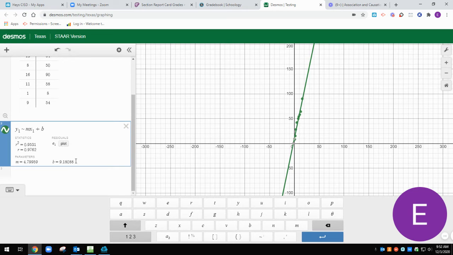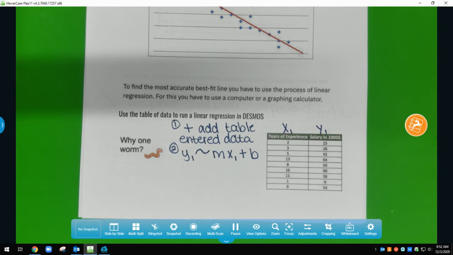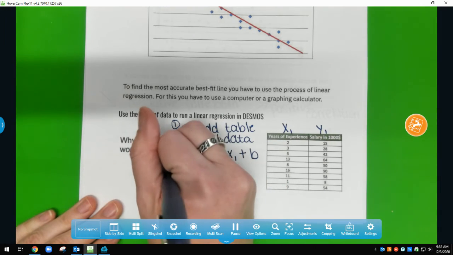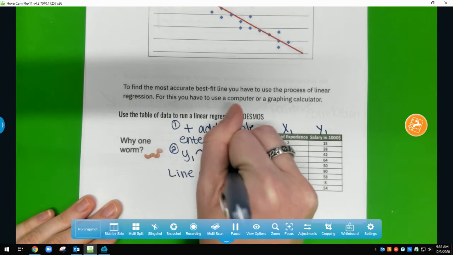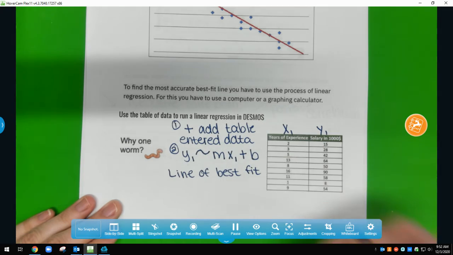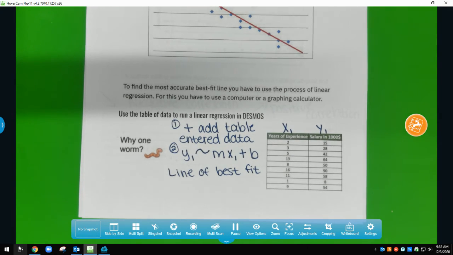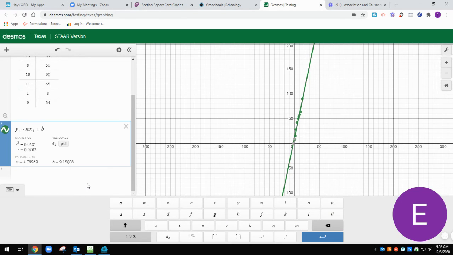Okay, so that is how we can write the equation, because remember, slope and intercept. So slope is m, b is our y-intercept. So we're going to go ahead and write that. So we have our line of best fit. So the calculator, or Desmos, gave us the R value, which was 0.9762.